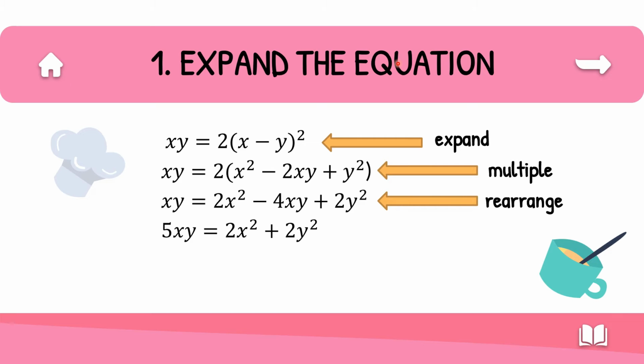So, in order to solve the question, we have to expand the equation until we get 2x squared minus 4xy plus 2y squared. Next, we rearrange the equation by moving negative 4xy from the right hand side to the left hand side until we get 5xy equals 2x squared plus 2y squared.